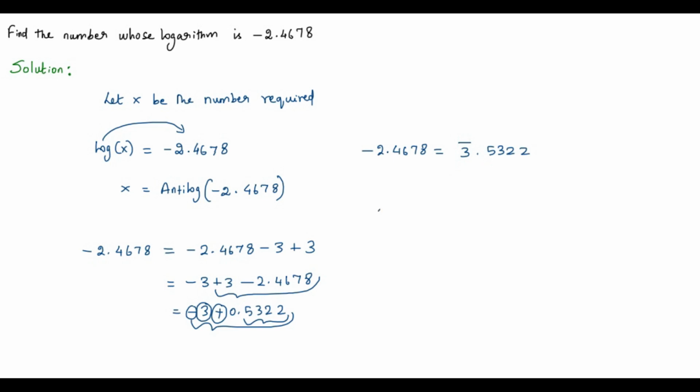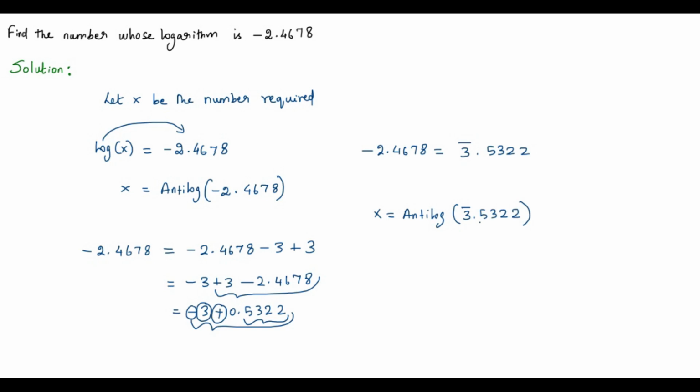So now x is equal to anti-log of, instead of this minus 2.4678, we can take bar 3.5322, because both are equal. I mean minus 2.4678 and bar 3.5322 are equal. So instead of minus 2.4678, we can write bar 3.5322.